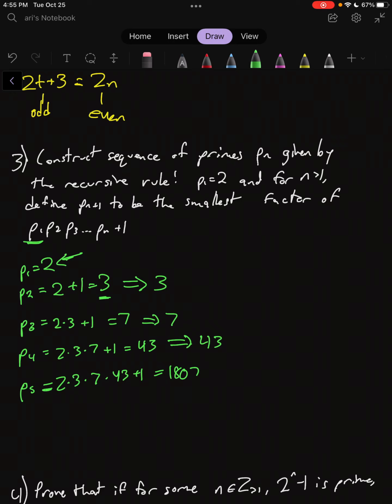And 1807 is a good example of that, where I don't know if there's a trick to know this, but it happens to be equal to 13 times 139. And so the smallest prime factor of 1807 is 13.